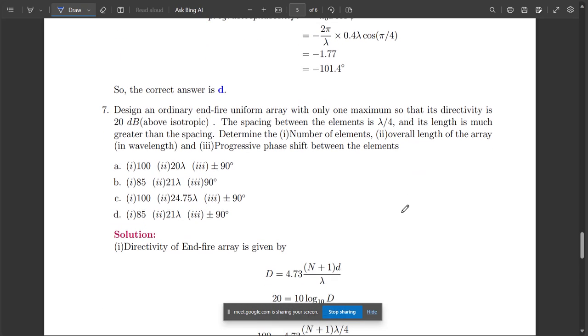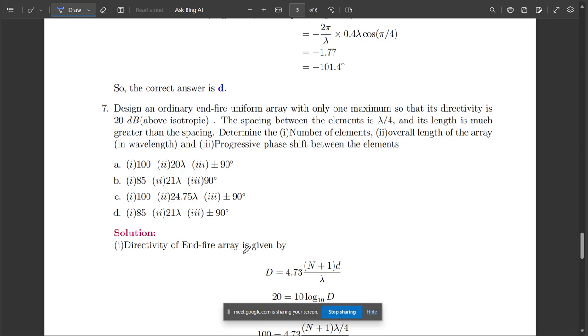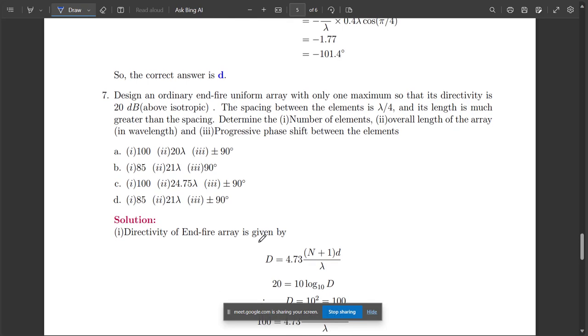The first thing you have to do is the directivity of end fire, D equals 4.73 (n plus 1) d by lambda. This is the directivity for an end fire array.